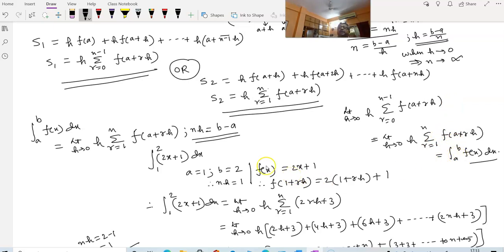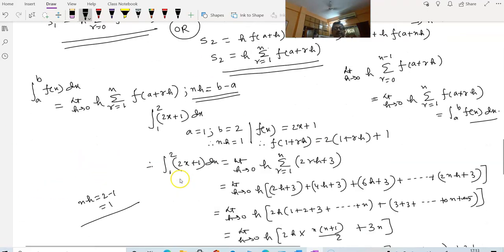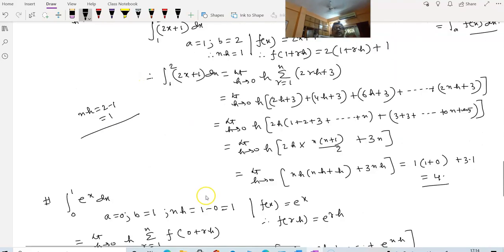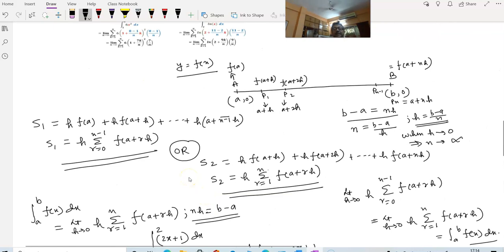So in these two sums, where one is algebraic, that 2x plus 1, and the other one is e to the power x, exponential, you have learned the method to find the value of this kind of integration by using the concept of definite integration and limit of sum. But definitely when you apply the fundamental theorem of integral calculus, then you need not do all these things. But it depends on the question given in your paper, in the board paper.